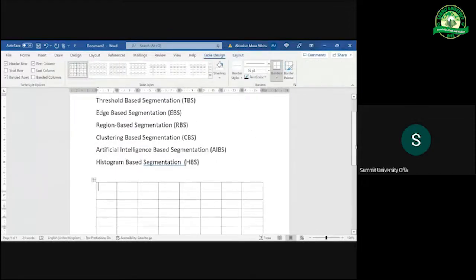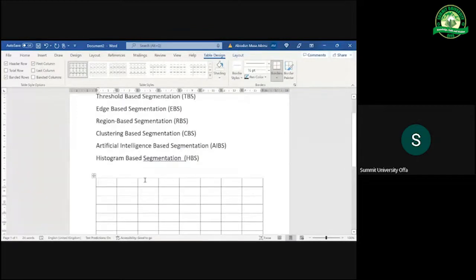So on the vertical, for each column, you pick TBX, EBX, then the column will be RBX, CBX, AIBX, HBX. So this first one can be reference number 1.